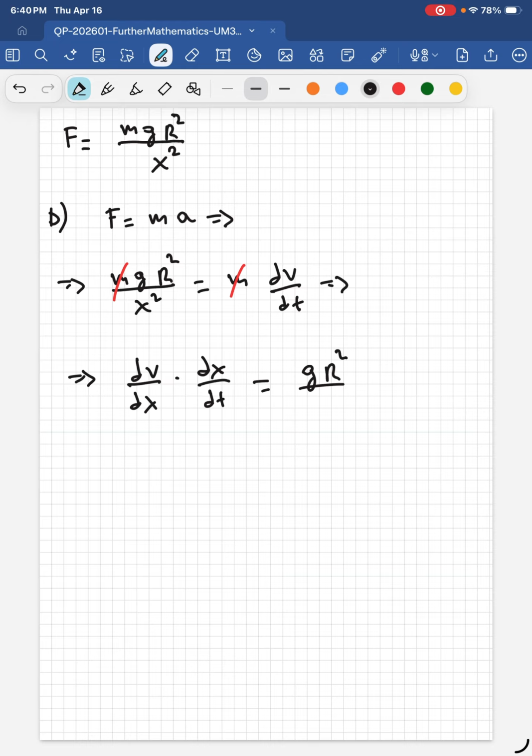So we now have v times dv over dx is equal to g r squared over x. And now we need to introduce a negative sign, because dx over dt is going to come with a negative sign. Excuse me for not mentioning.